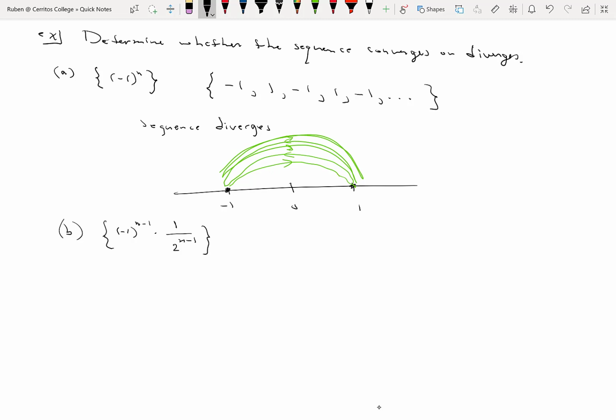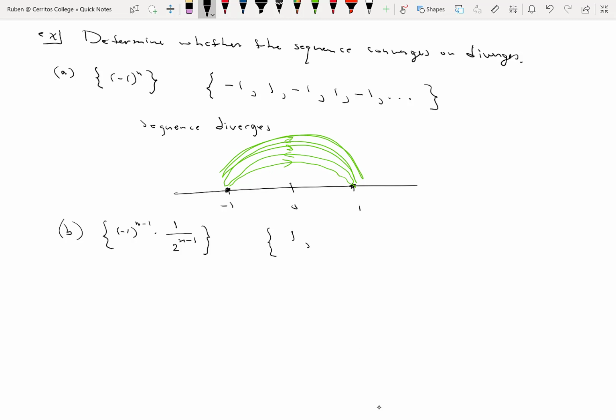So what's happening here? Well, look at the sequence by listing the terms. When n equals 1, I get -1 to the 0, which is 1, and I get 1 over 2 to the 0, which is 1, so we get 1.